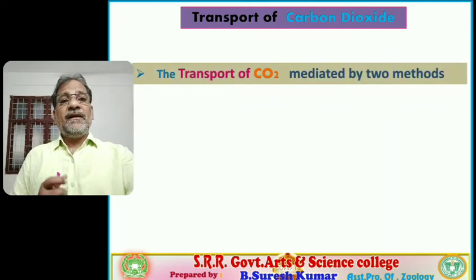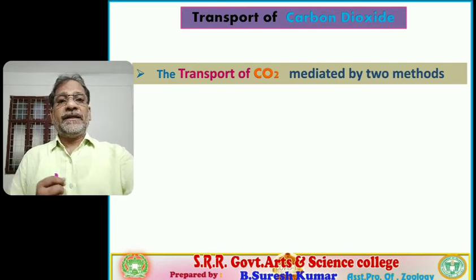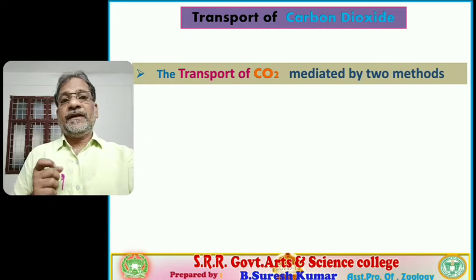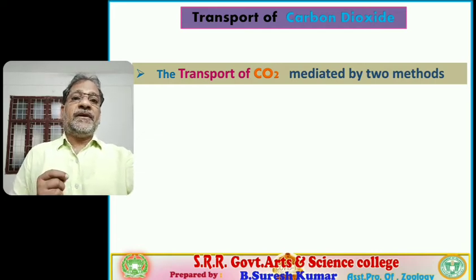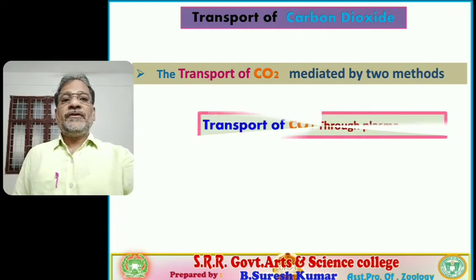Next, the transport of carbon dioxide is mediated by two methods. Remember, in the transport of oxygen also we learned two methods. Here also, the transport of carbon dioxide is mediated by two methods.